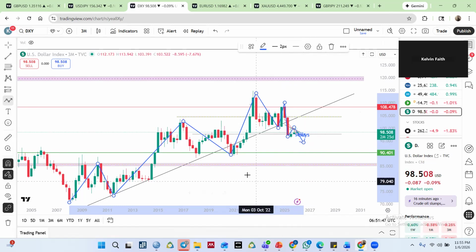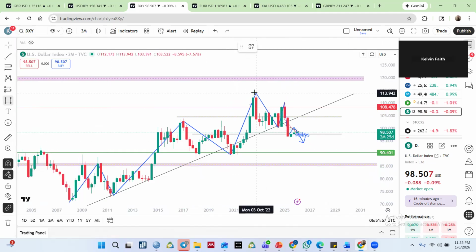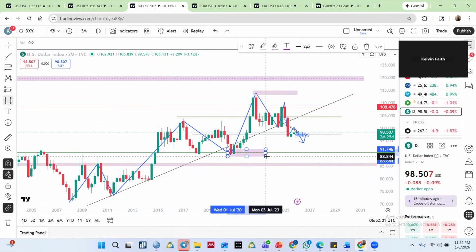But if we check things closely, we could see that the most important swing low, or reference low, or lower high that we got before this higher high point here is this area.